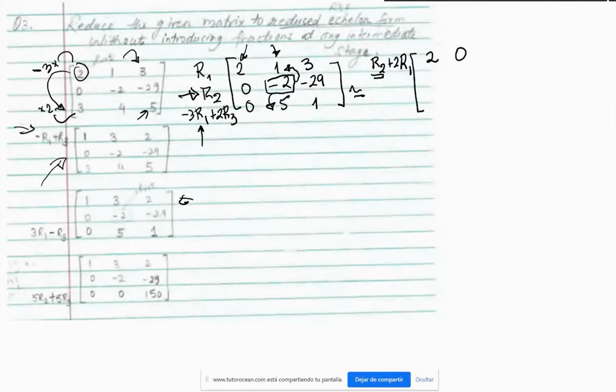And then row 2 is minus 29 plus 6, isn't it? That's minus 23. Okay. Minus 23. And then this is the pivot here, it doesn't change, 0, minus 2, minus 21, 29.